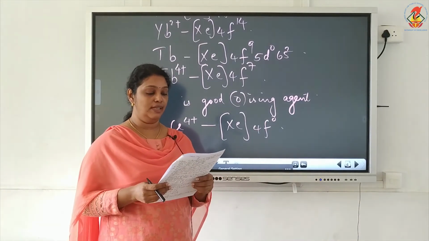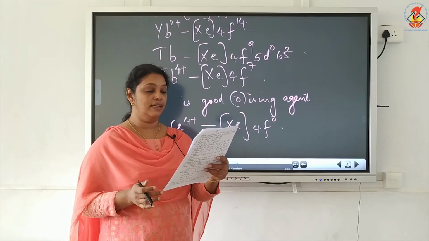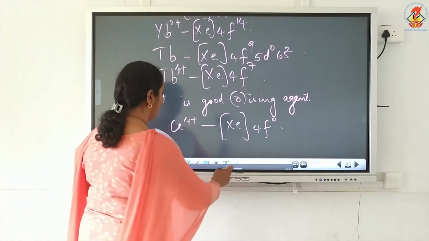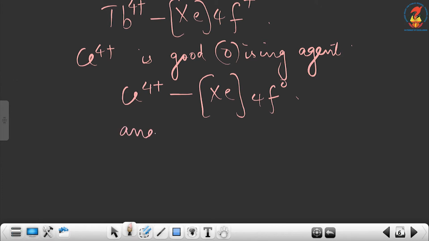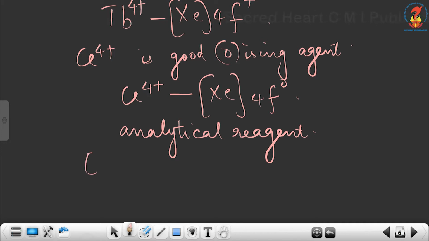Now next question is, cerium 4+ is a good analytical reagent. Analytical reagent means it can be used in analysis. Cerium 4+ is a good analytical reagent because the E0 value for cerium 4+ to cerium 3+ is 1.74 volt.